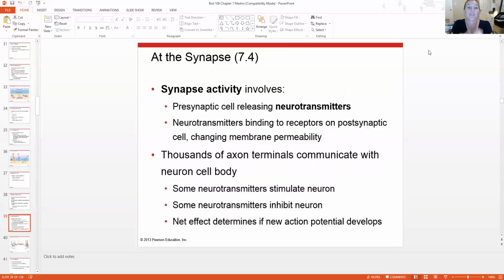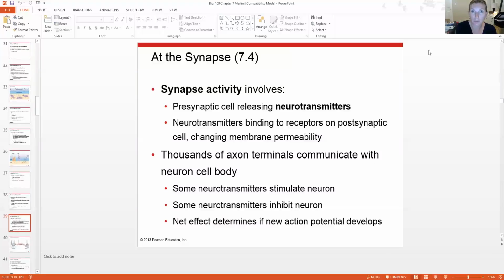So the synaptic activity, this is what's going on at that gap in between neurons, or neurons and interneurons, or neurons and effectors. So the presynaptic cell releases neurotransmitters. This is the same thing we learned in the last chapter, right? That motor neuron released the neurotransmitters, and the postsynaptic cell, which happened to be a muscle cell, responded. So the neurotransmitters bind to receptors on the postsynaptic cell.